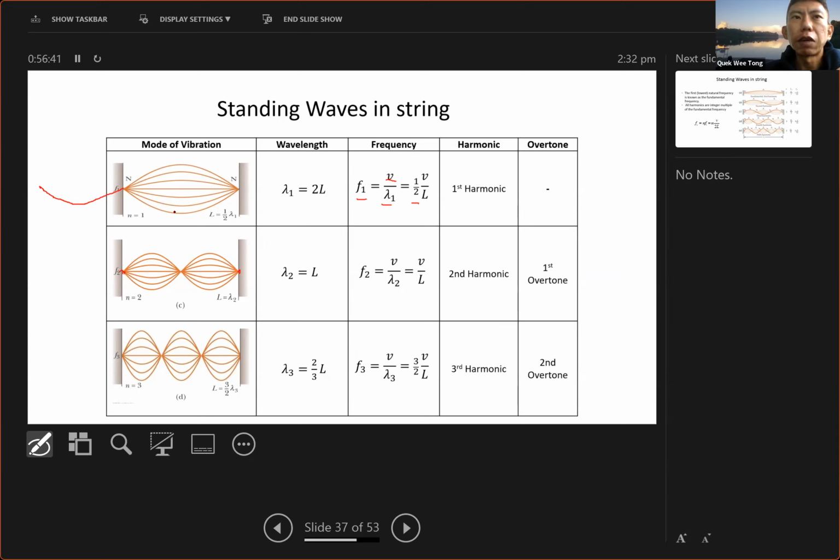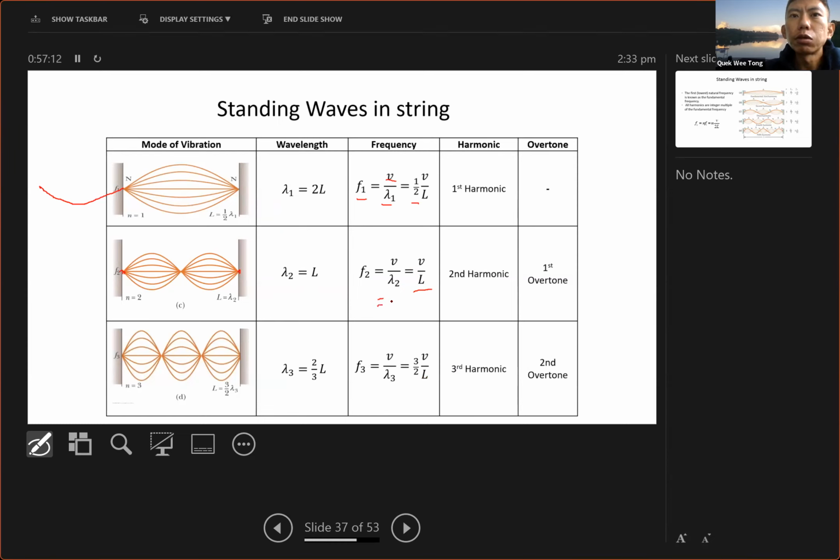So now, instead of fitting in one half wavelength, you can fit 2, or you can fit 3, and so on. That's what it means by you can fit whatever you want inside. So you do up the math, and it turns out that this one is equal to V over L, or actually 2 over 2 V over L. Then the third one will be 3 over 2 V over L.